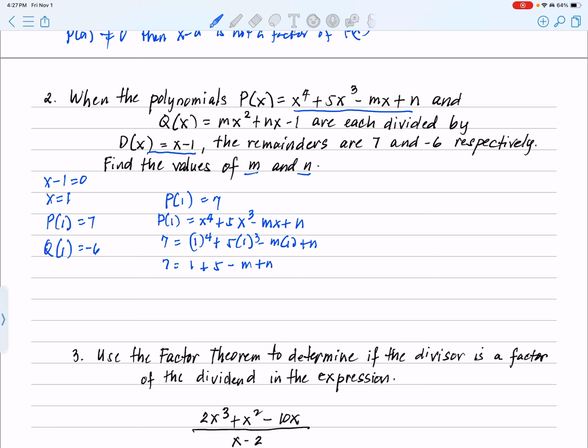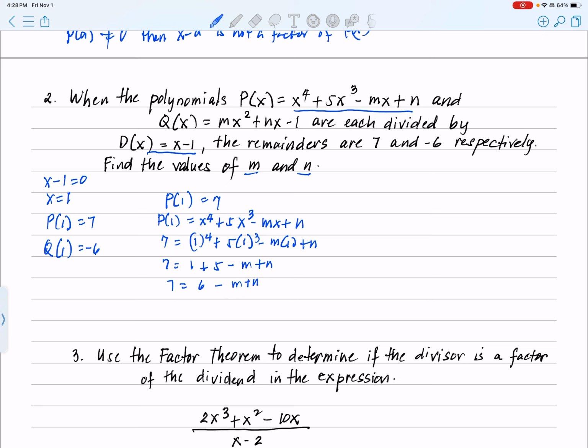Okay, so let's simplify. 7 equals 6 minus m plus n. I would like to bring the variables m and n to the left side, making it positive. Since I put a parenthesis here, I could do it this way to avoid confusion.